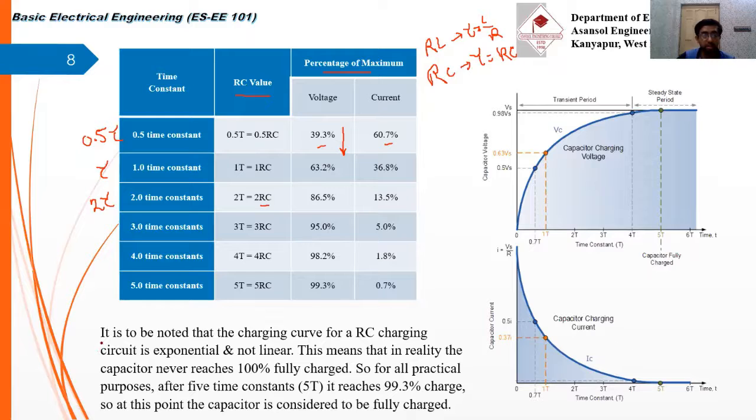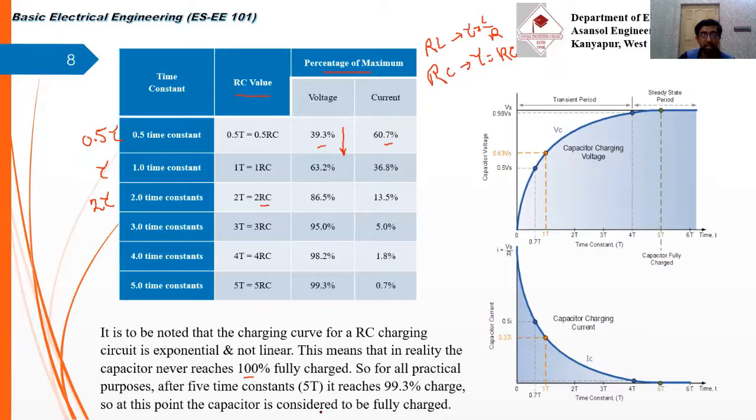Fine. It is to be noted that the charging curve for an RC charging circuit is exponential and non-linear. This means that in reality the capacitor never reaches 100% fully charged. So for all practical purposes, after 5 time constants, it reaches 99.3% charge.